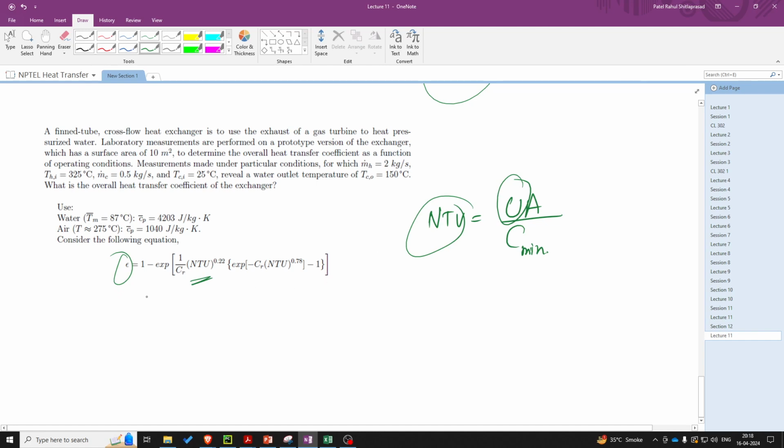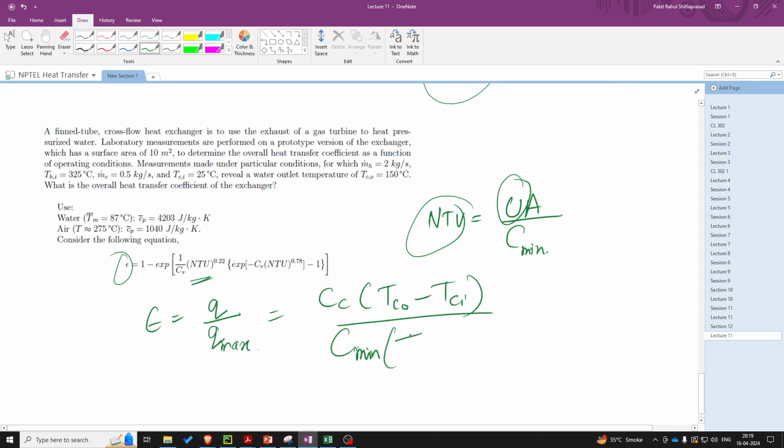Now, in order to find the value of effectiveness, we know that effectiveness is given as Q upon Q max, where Q will be, considering the cold fluid, Cc into Tc0 minus Tci, and Q max will be again C minimum into Th inlet minus Tc inlet.